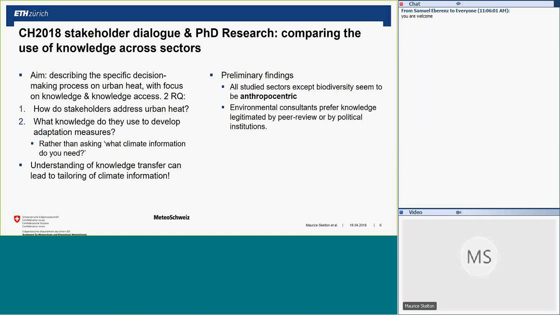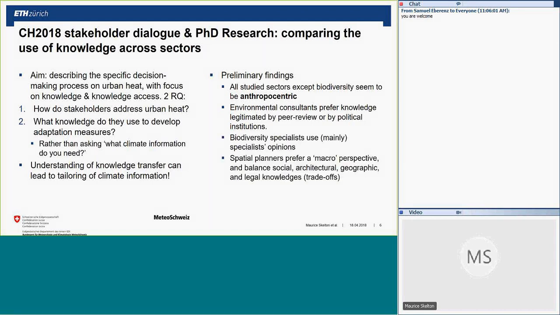So environmental consultants really prefer knowledge which is legitimated by peer-reviewed science or by political institutions, so administration reports. Specialists, that's at least my preliminary finding, really have a more qualitative aspect in knowledge, so they usually sit together with other specialists and then form their concepts.